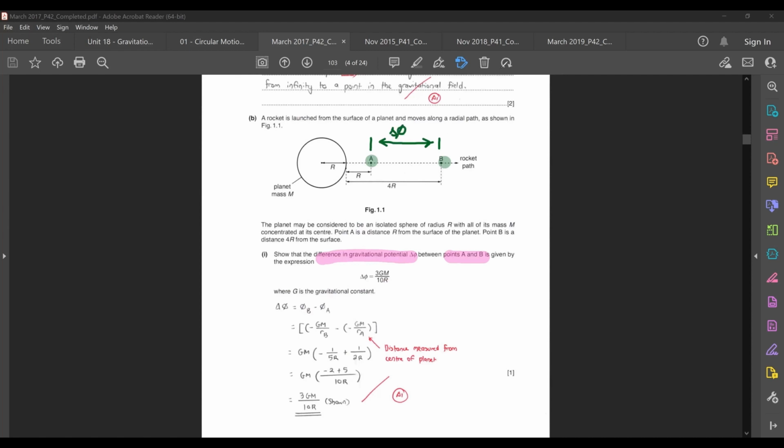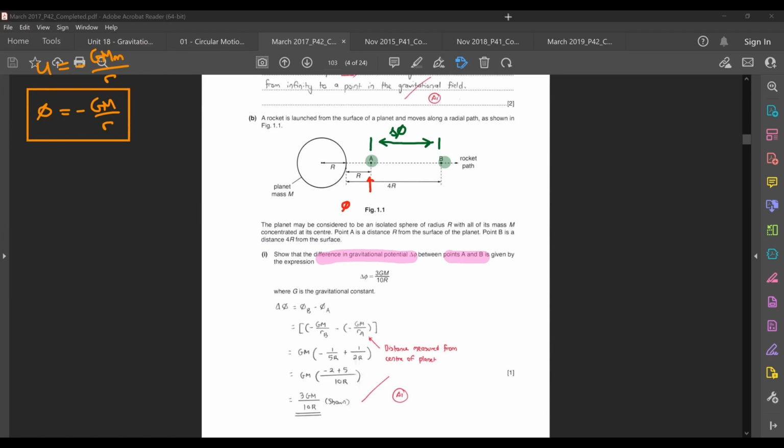So in the first place, you need to first find out what is the potential at A, which by right should be negative Gm over Ra, because you should recall the equation for potential from your notes is negative Gm over R, and then gravitational potential energy is negative Gmm over R. So you want to use this form of your equation.